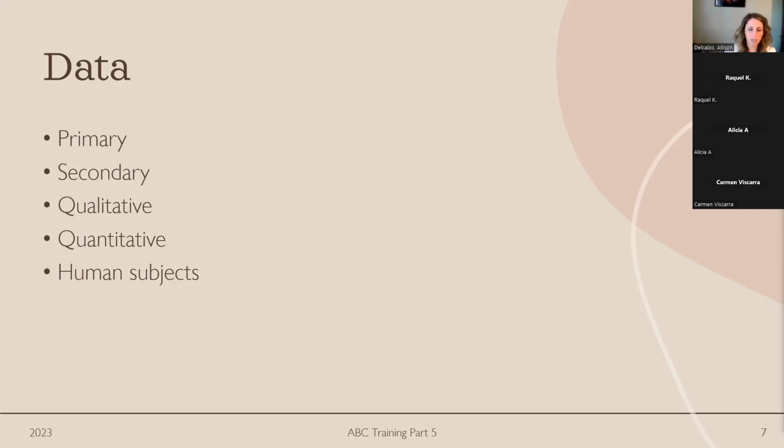Qualitative data is using words and ideas to frame the information. So a qualitative example might be that somebody tells you their experience. That's information, right?